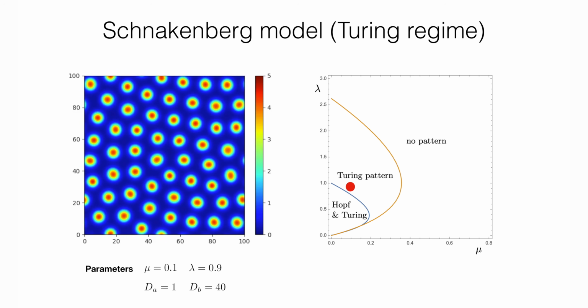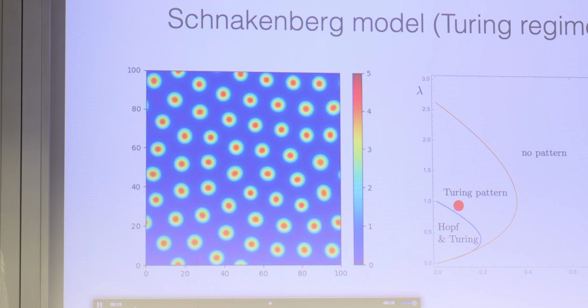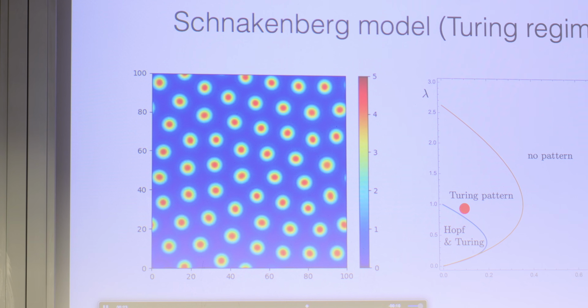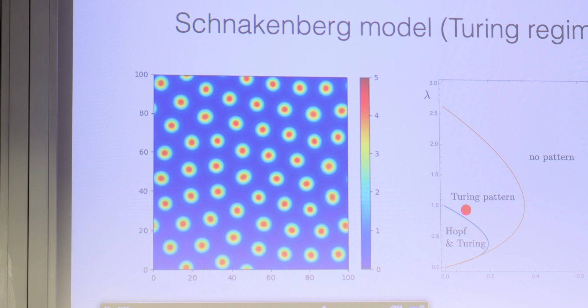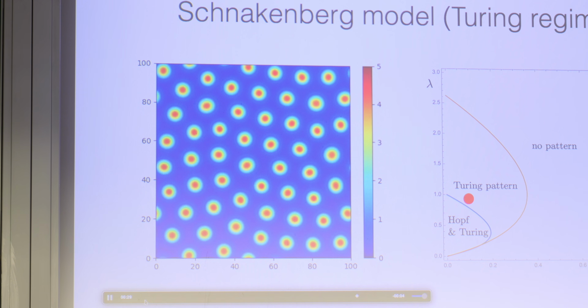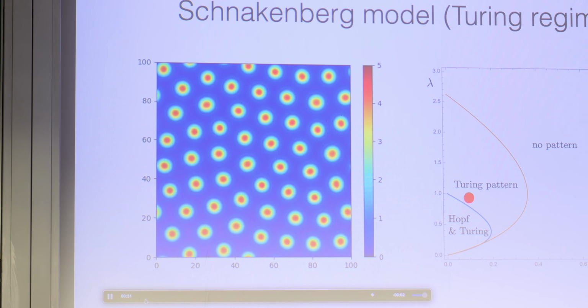And they have pretty much the same length scale as you started out with, and that's something you should notice. That's very different from what we learned in the Cahn-Hilliard model, where you initially have these patterns, but then they coarsen over time, and these droplets become larger and larger. Here they don't. Here they stay at a finite size.